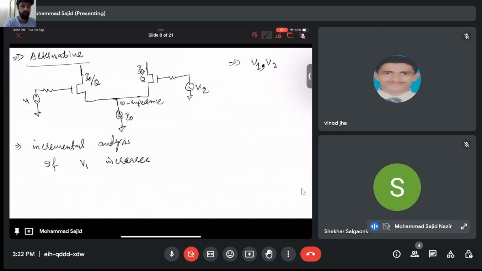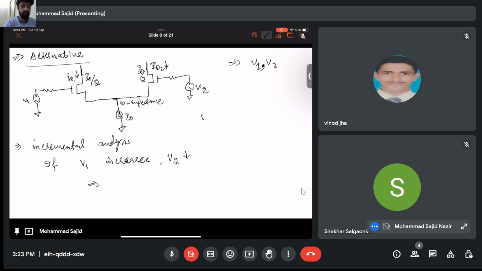So if V1 increases, V2 decreases by same amount. So this means, and one second, this is ID1 current flowing here. This is ID2 current flowing here.